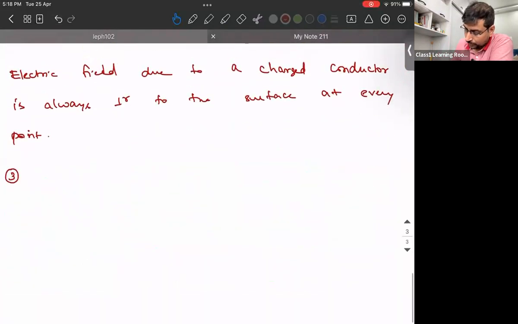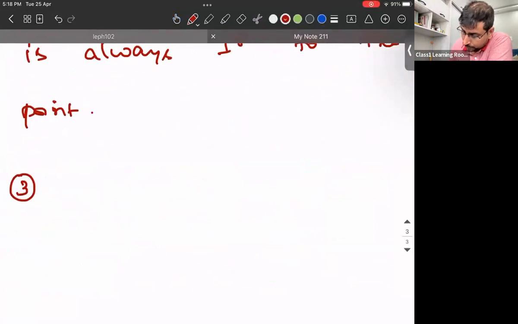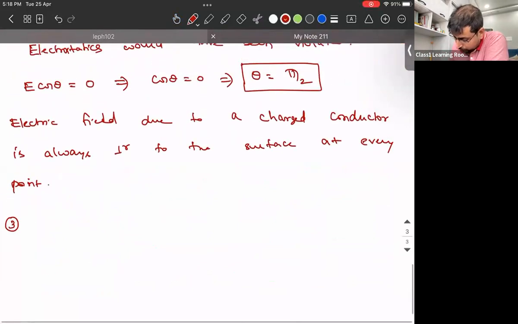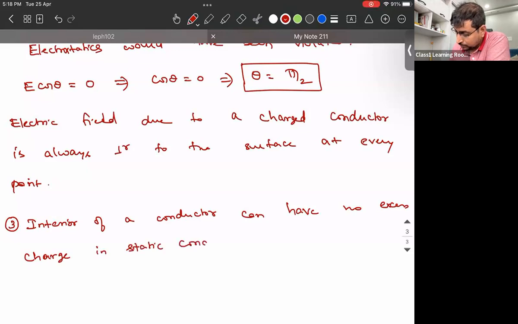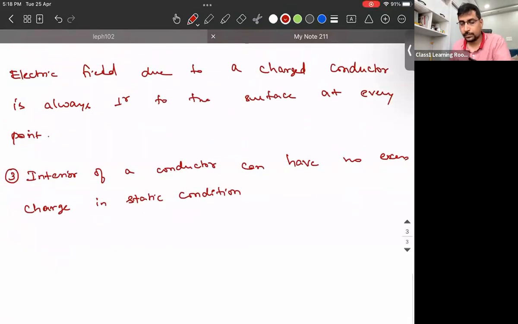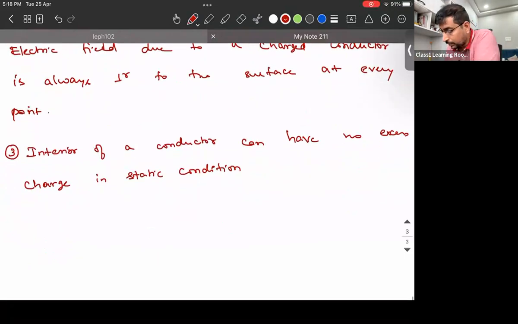So it's interior of a conductor can have no excess charge in static condition. So this is the meaning. Let's see what it means.